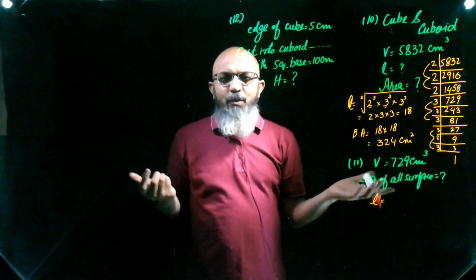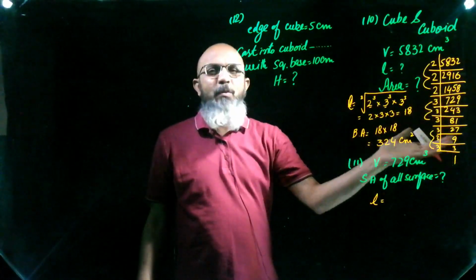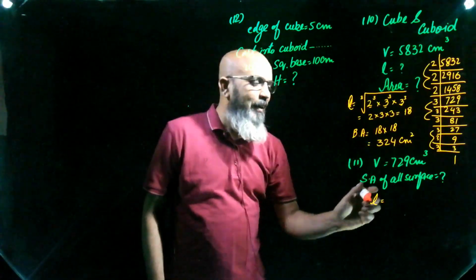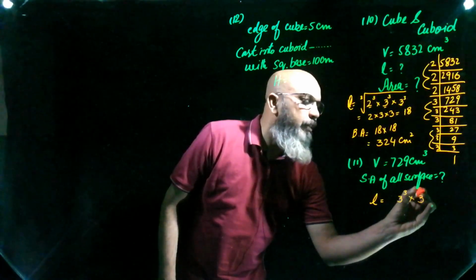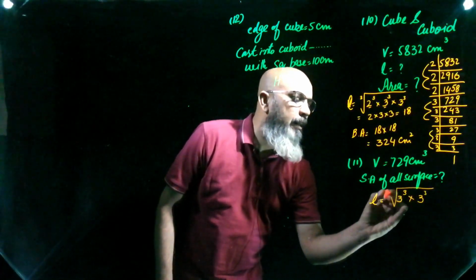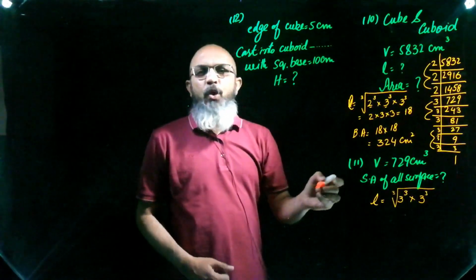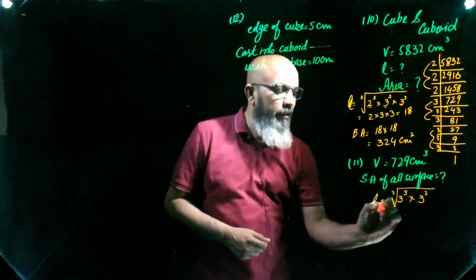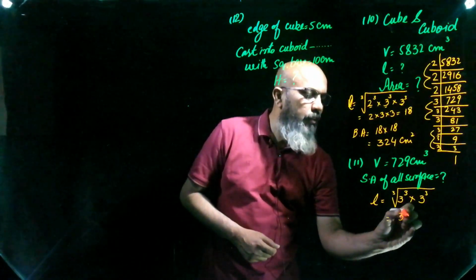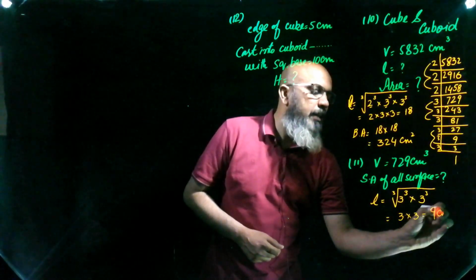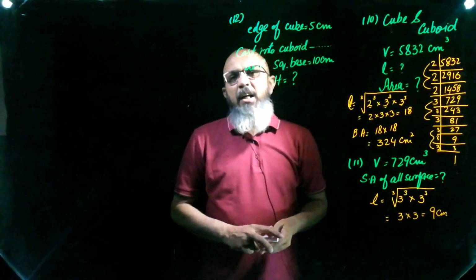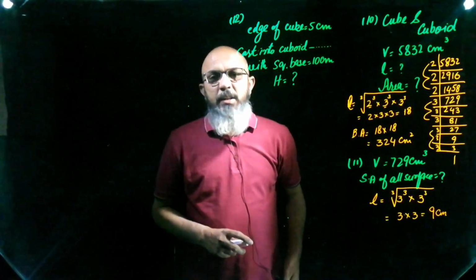That's simple. So we don't need to calculate because we have the calculation on the screen, right? So 3 raised to power 3 into 3 raised to power 3, that is the cube root of 729. So your answer is 3 into 3, that is 9 centimeter. That is the length of one side.